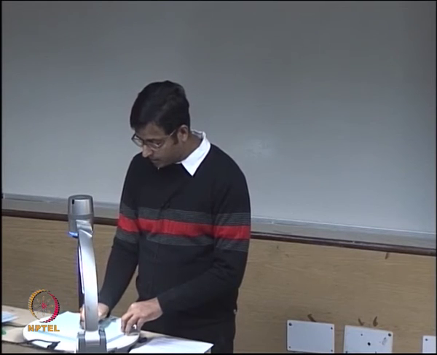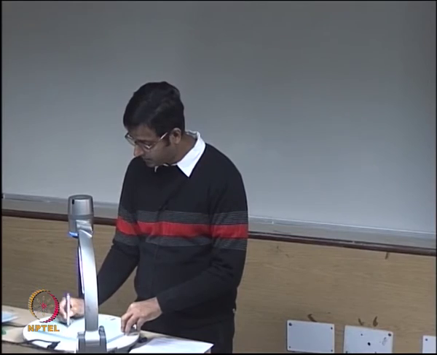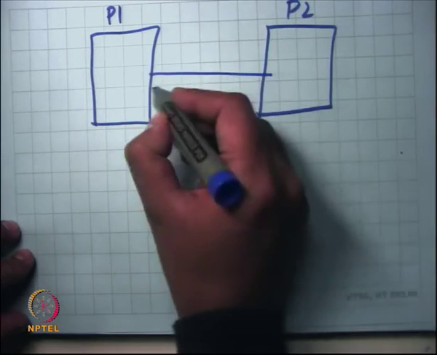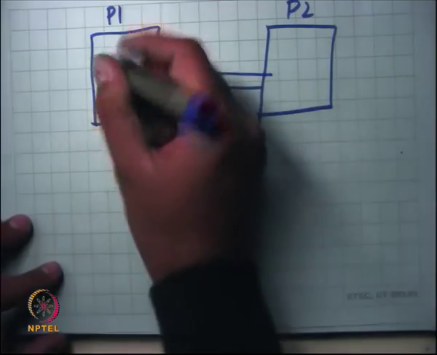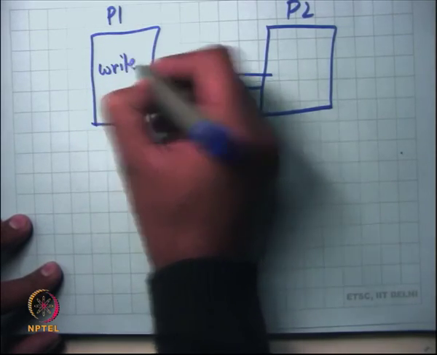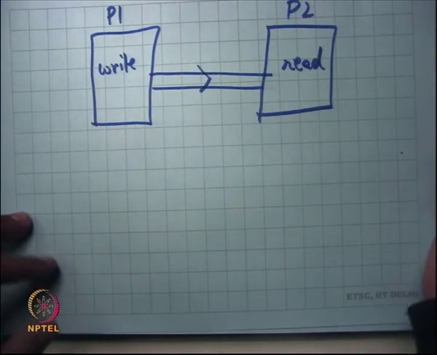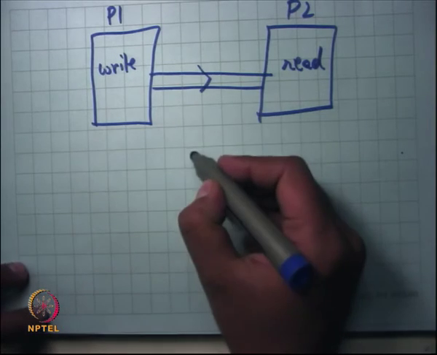So let's take an example of two processes which are trying to do inter-process communication, P1 and P2. And let's say this is a pipe. This is the producer and this is the consumer, so he's going to call write on this pipe and he's going to call read on this pipe. This pipe also acts as a synchronization mechanism.